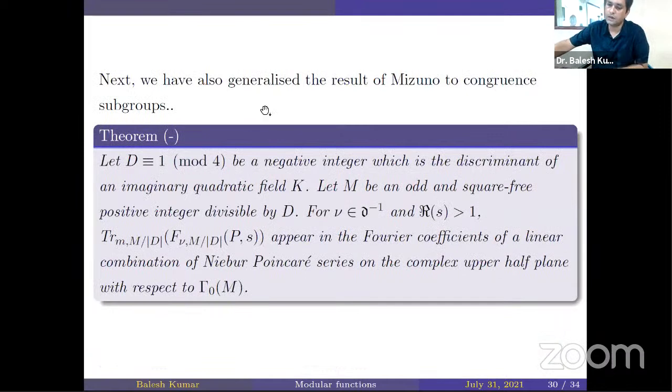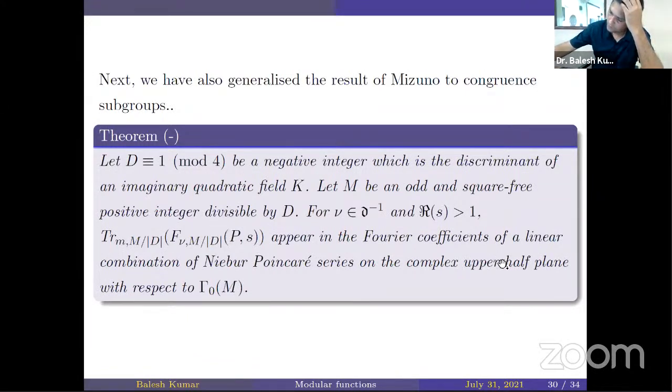And moreover, we also generalize the result of Mizuno to general congruence subgroups. So if you take a Niebur Poincaré series on the complex upper half plane for the congruence subgroup Gamma_0(M), and if M is divisible by D, where D is the discriminant of an imaginary quadratic field, then this Poincaré series can be related to the level M by D Poincaré series, corresponding to the congruence subgroup of the Bianchi modular group corresponding to Gamma_0(M by |D|), and this Niebur Poincaré series on three-dimensional hyperbolic space.